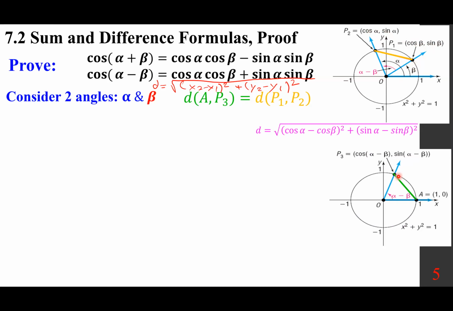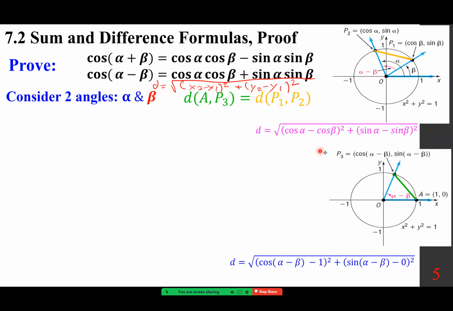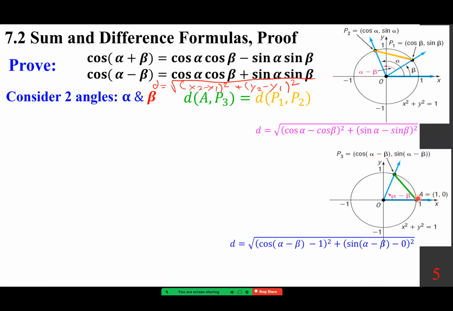Let's look at this distance. Cosine of alpha minus beta minus 1 quantity squared plus sine of alpha minus beta minus 0 quantity squared under the radical. So this is this distance.